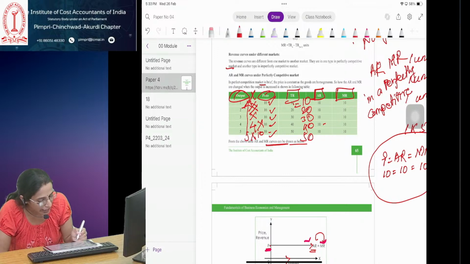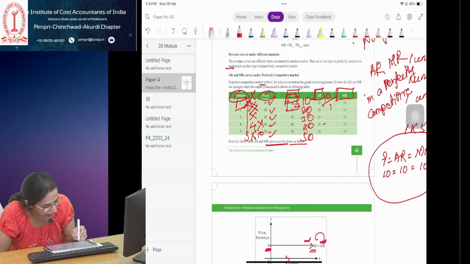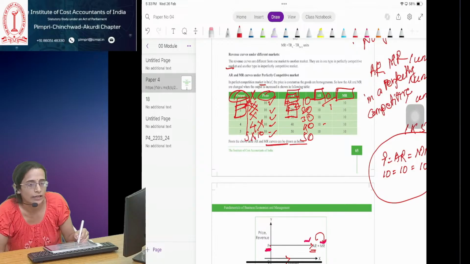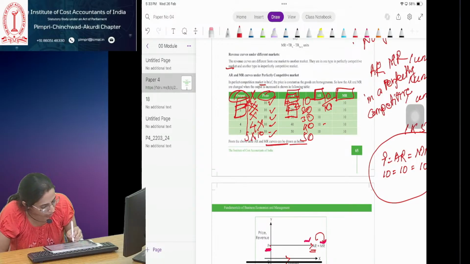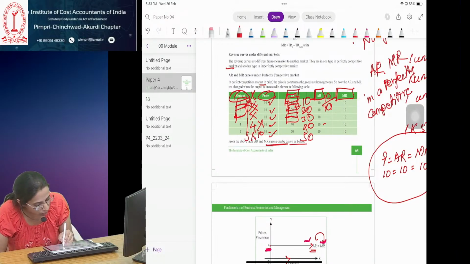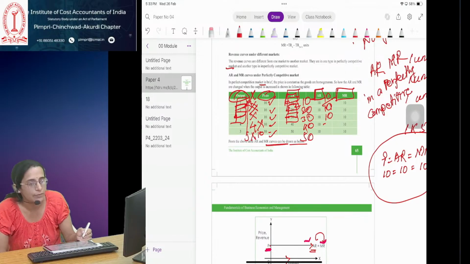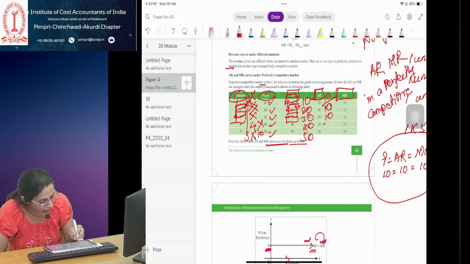How will we calculate the average revenue? Total revenue 10 divided by the output 1. 10 divided by 1 is 10, right? Again, total revenue 20 divided by the output 2, again 10. Now total revenue 30, output is 3 units that we have sold, 30 divided by 3, again the average revenue is 10. Again 40 divided by 4 is 10.